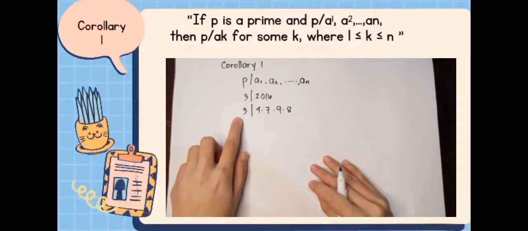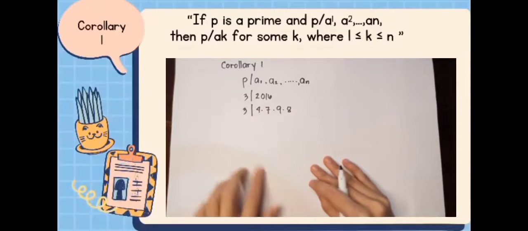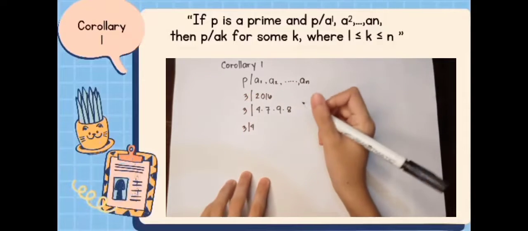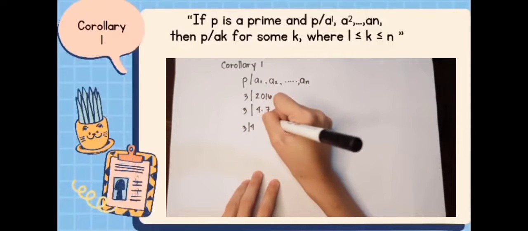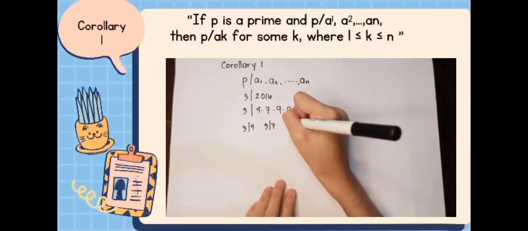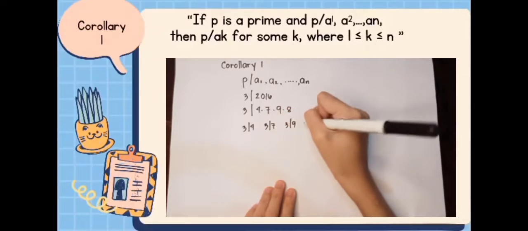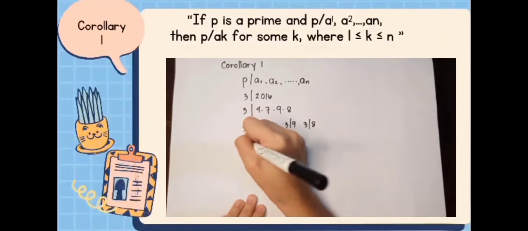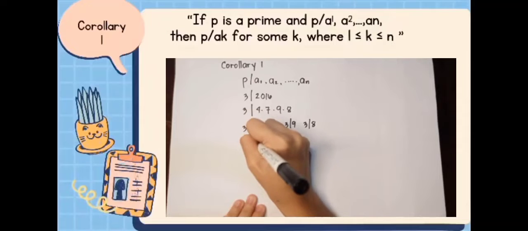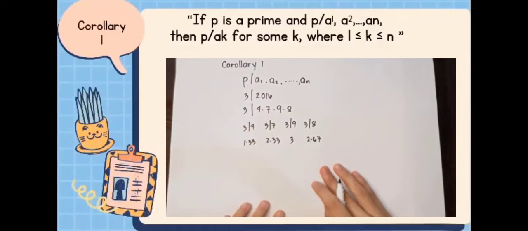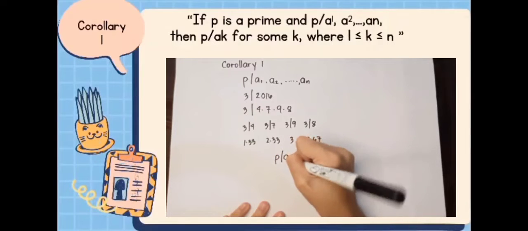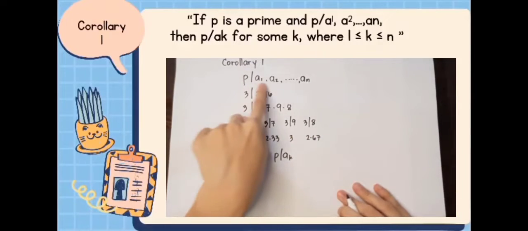In order for us to prove the theorem, we have to take the prime, which is 3, and divide it into all the factors. We identify which of those gives a quotient that is a positive integer, at least one of them. By just looking at it, we can conclude that 3 divides 9, right? That gives us an answer that is a positive integer.